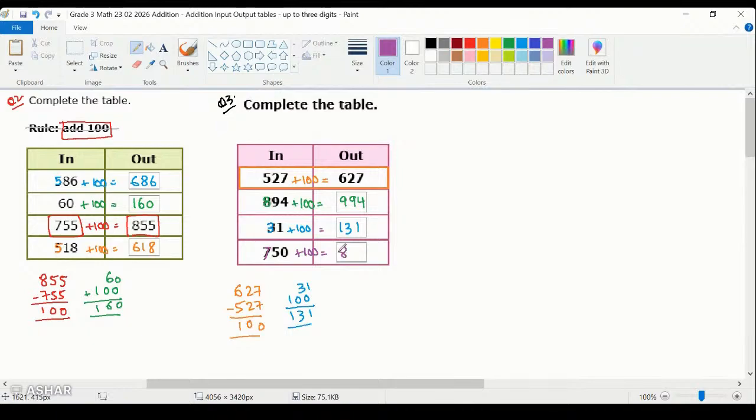That means 850. 994, 131, and 850. Okay. Yes, perfect. So we can also find the rule, and the rule we can say was add 100.